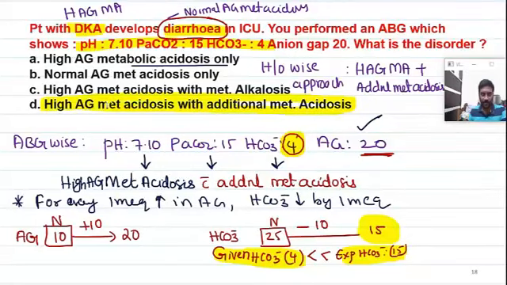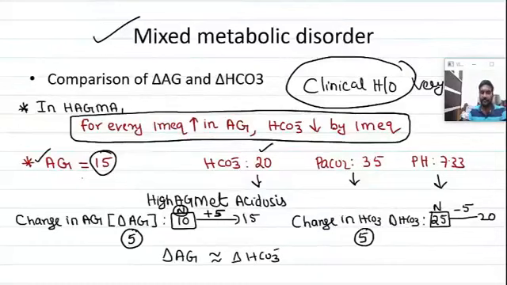Because two metabolic acidoses were present, the pH has become very low, 7.10. Usually it is a borderline severe metabolic acidosis. You can see bicarbonate has also decreased to a very low level, that is 4. So this is how we should solve mixed metabolic disorders. We have understood the comparison between delta anion gap and delta HCO3.